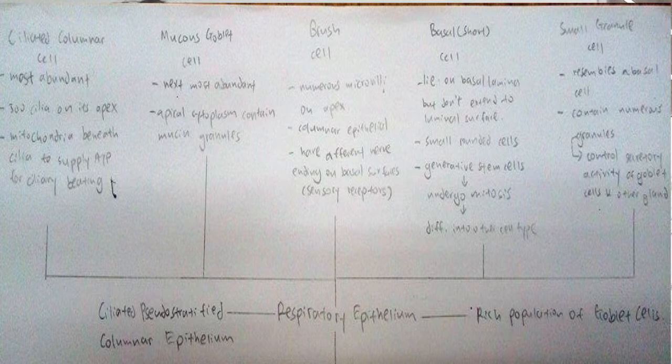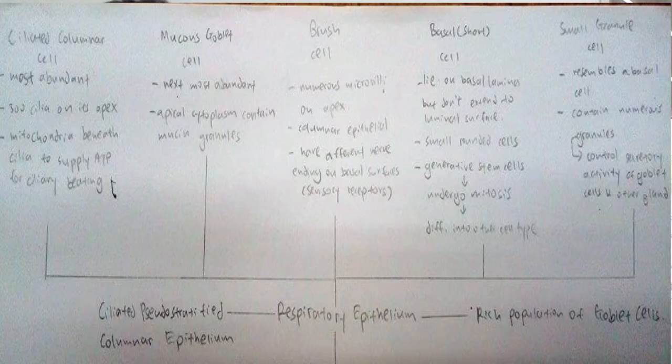Its apical cytoplasm contains mucin granules. Third is brush cells. They are called brush cells because they contain numerous microvilli on their apical surface. They are columnar epithelial cells and have afferent nerve endings on the basal surface that serve as sensory receptors.